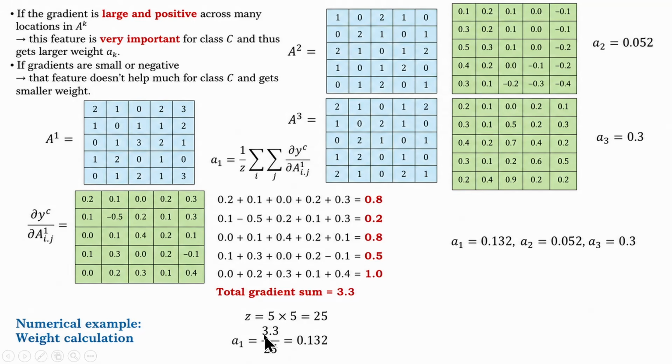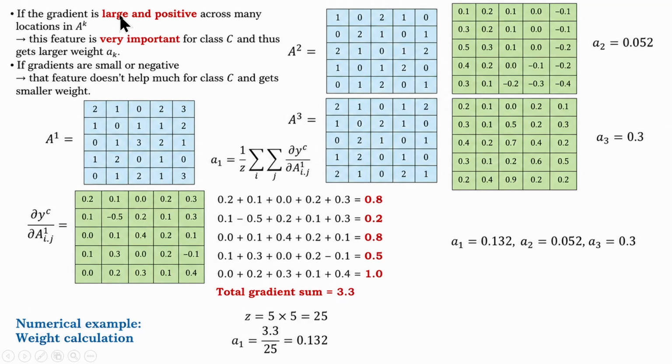So we take 3.3 divided by 25, we obtain 0.132. So this A1, or alpha 1 score, is 0.132. Similarly, we have to do this for A2 and A3. Let us say A1 is 0.132, A2 is 0.052, and A3 is 0.3.